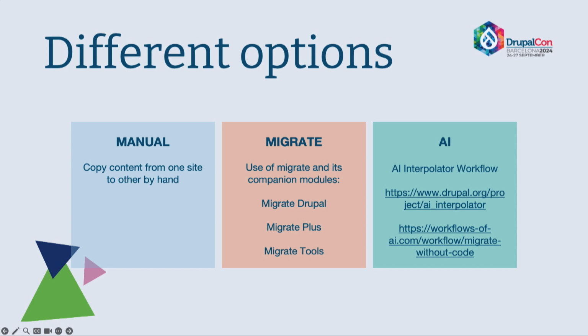There is a module called AI Interpolator that defines a workflow that allows migrating content from one site to another. This module is being integrated into the existing AI ecosystem. It will not be released as a standalone module. And as we saw in the Drupal Initiative session this morning, this is a work in progress. They have been working on it, but as of today, it's not a process that can be considered finished or stable.